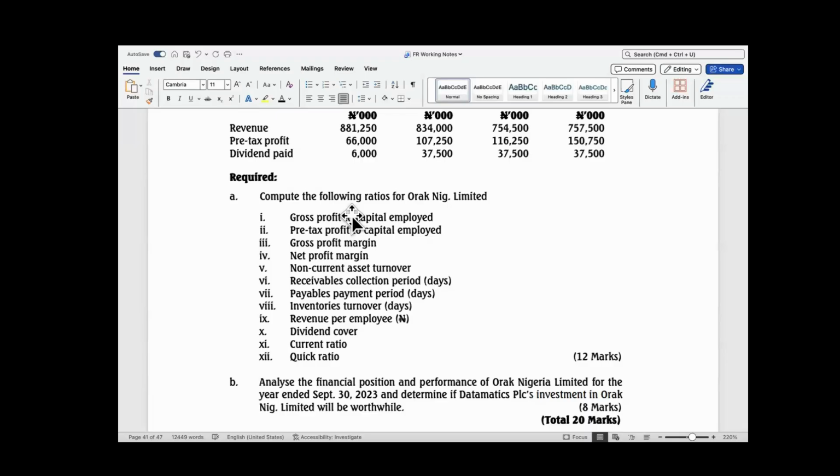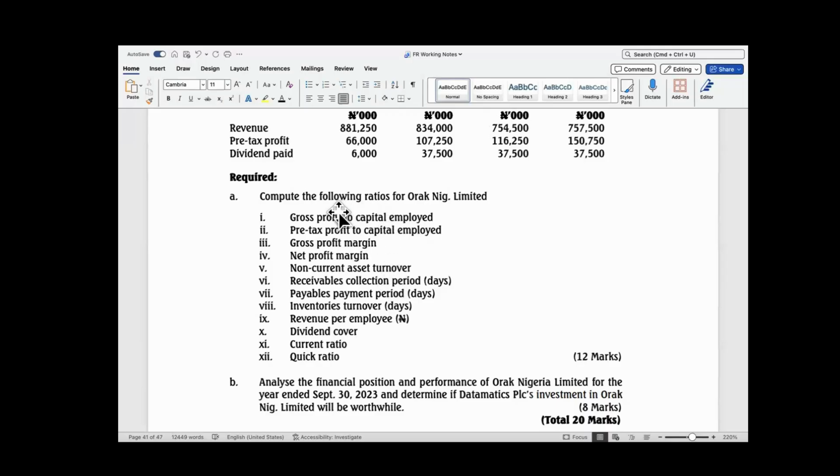So in terms of what we want to look at today, for performance, we'll be looking at the gross profit to capital employed. We talk on performance because of the profitability ratio. The same thing with the pre-tax profits to capital employed, the gross profit margin, the net profit margin, asset turnover, collections period, payment period, inventory turnover in days, revenue per employee, dividend cover.